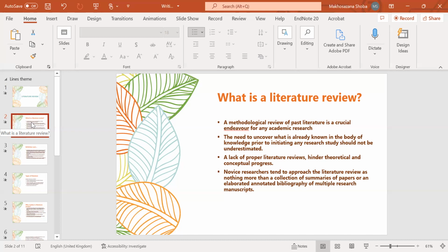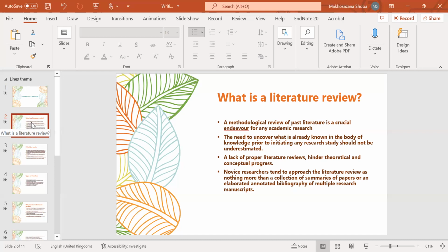Otherwise, a lack of reading and relating your current research to previous research will hinder theoretical and conceptual development. It would not be feasible for you as a researcher to theorize around a phenomenon if you did not read widely and develop a literature review.